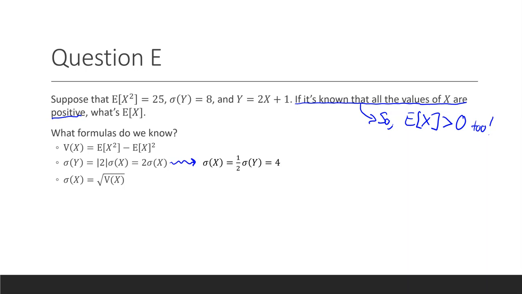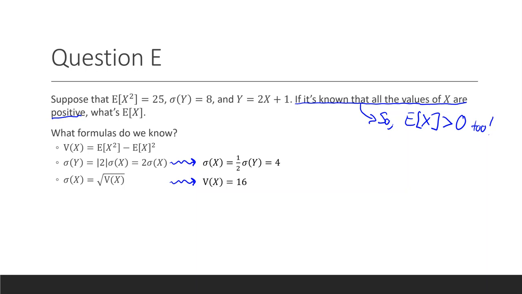And so we can go and look at our third formula, and find out that the standard deviation of x squared is the variance of x, and so that the variance of x is 4 squared, or 16.